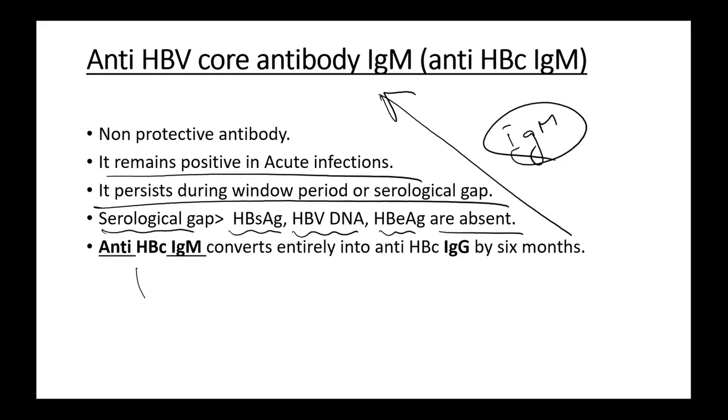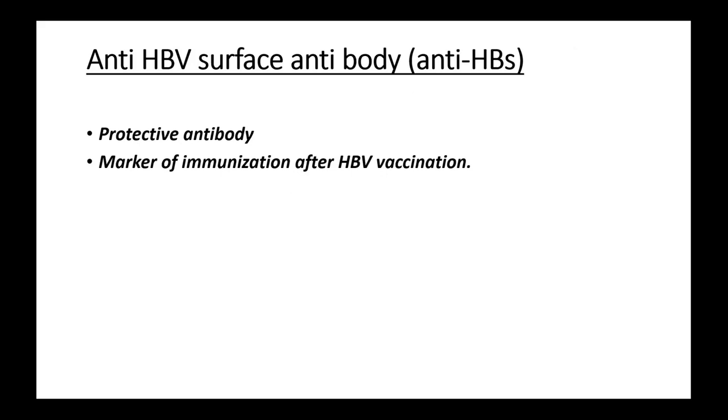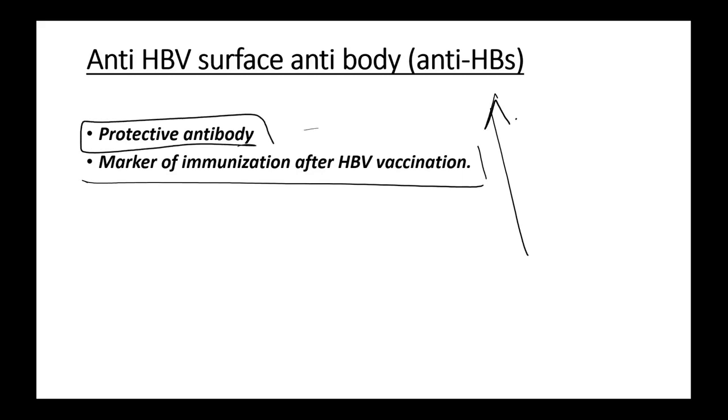This will be converted into hepatitis B core antibody IgG by 6 months. By the time hepatitis B surface antibody appears, this is the marker of protective antibody, or the marker of vaccination.